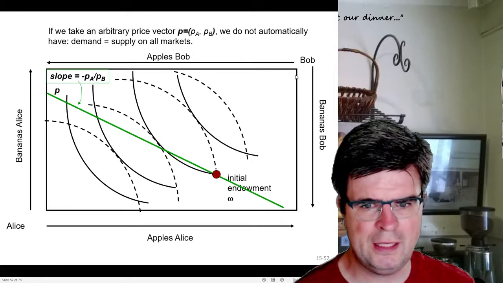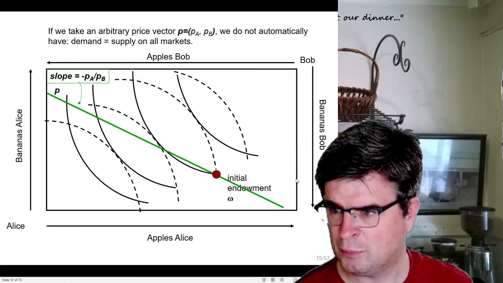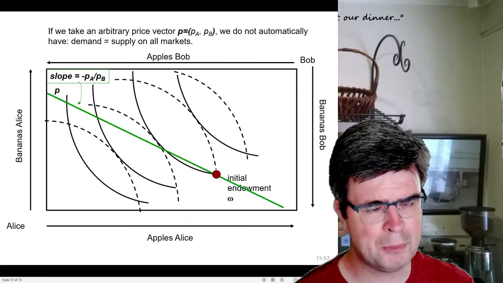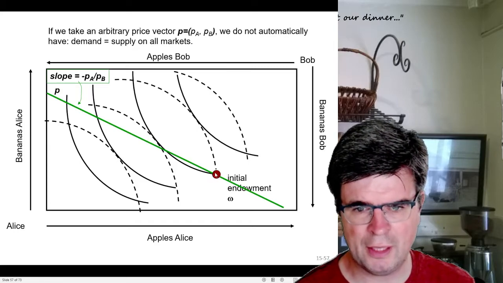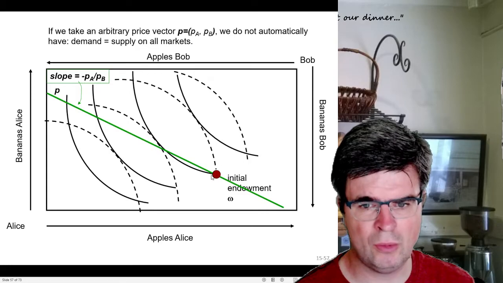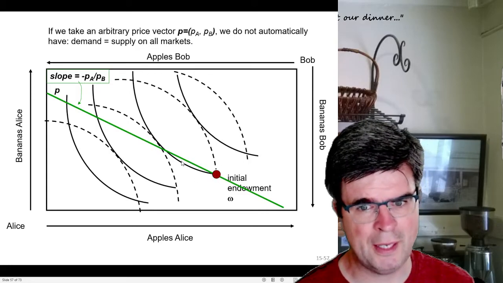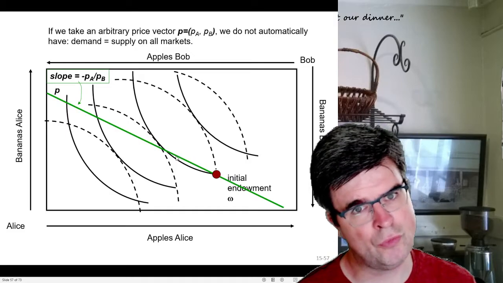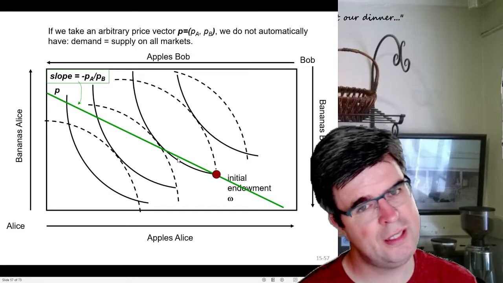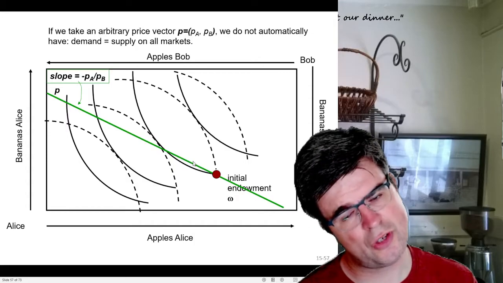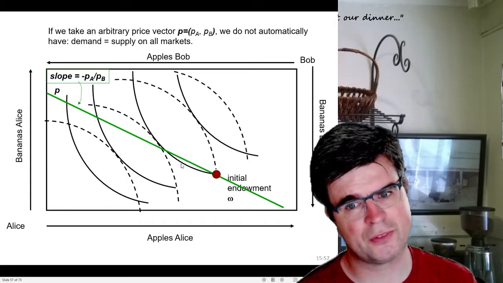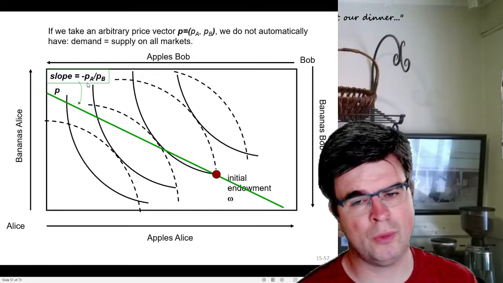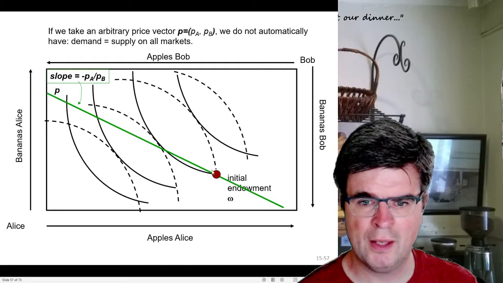Bob started out with, I think it was, 6 bananas and 3 apples. So his initial endowment is also given here, and he can also trade apples and bananas given the budget line over here. And if you flip your head 180 degrees, then you can also see that the slope of Bob's budget constraint is also exactly identical to minus the price ratio of apples and bananas.